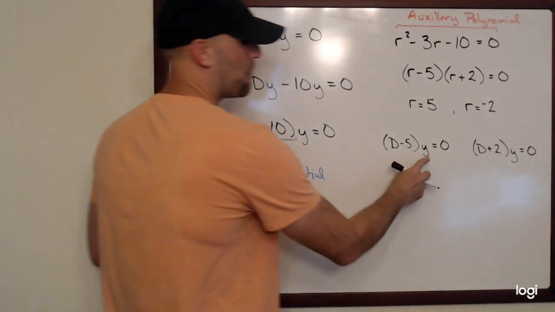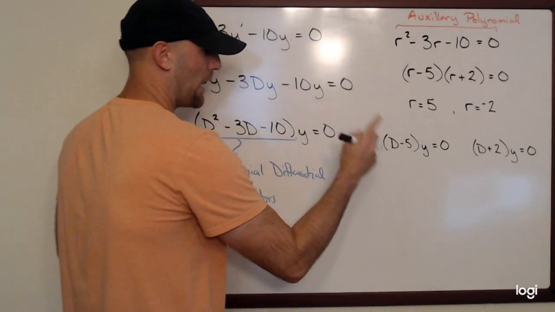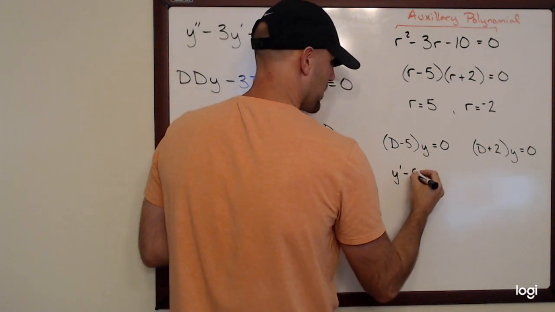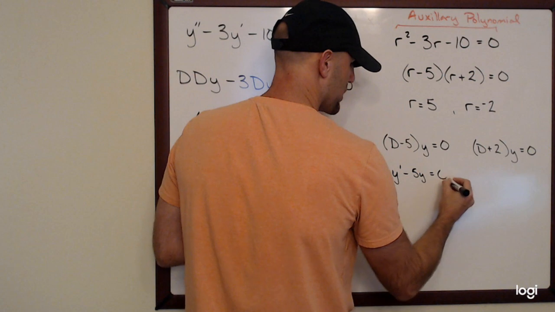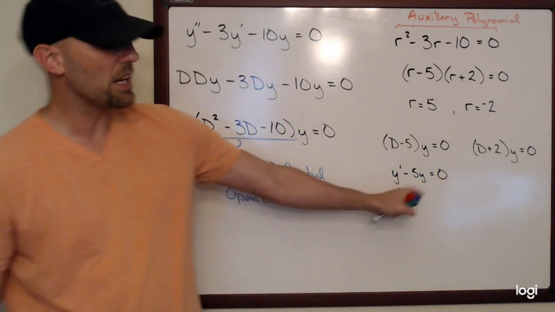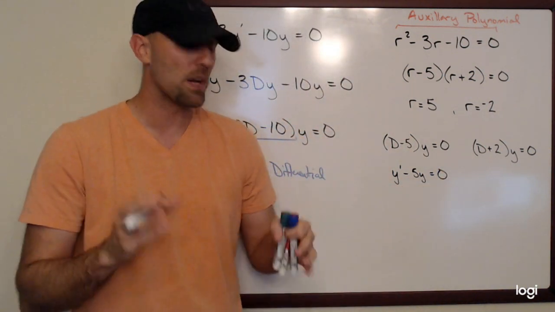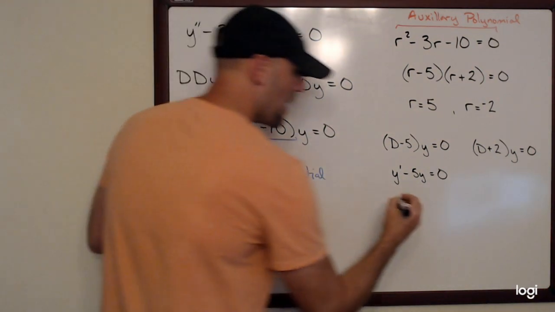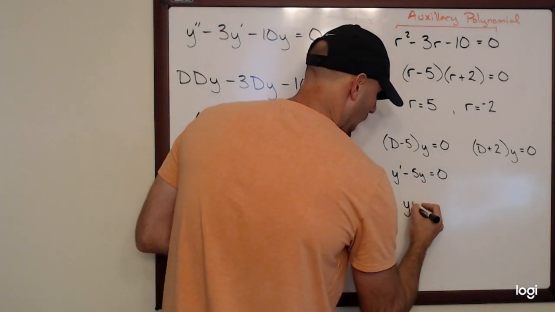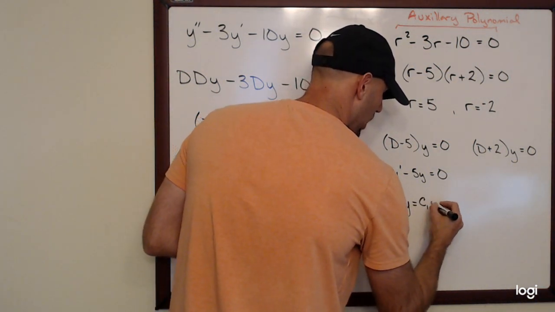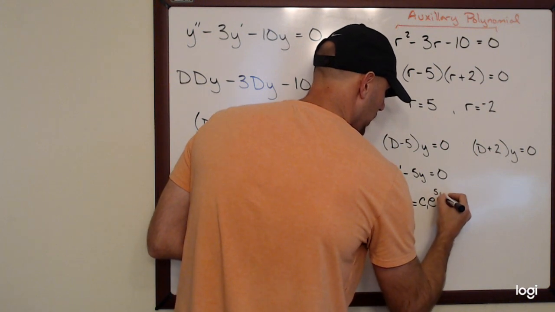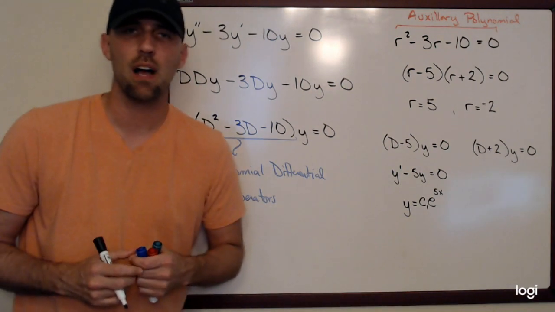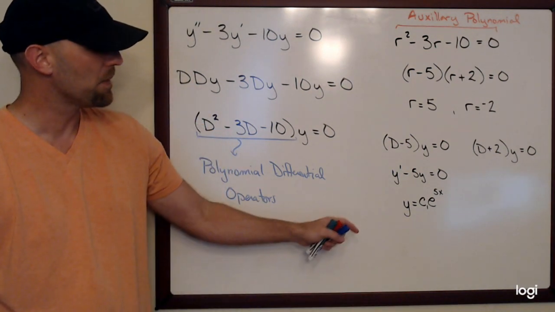Okay, let's go ahead and apply d minus 5 to y. The derivative of y, that's y prime minus 5 times y equals 0. This is linear first order, but also separable in whatever way you'd like to solve it. And again, I trust that you guys can solve this. This is going to give me y equals c1 e to the 5x.